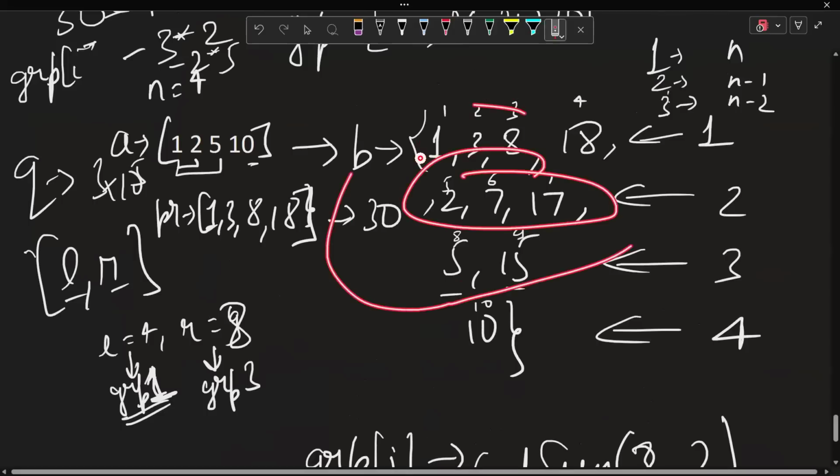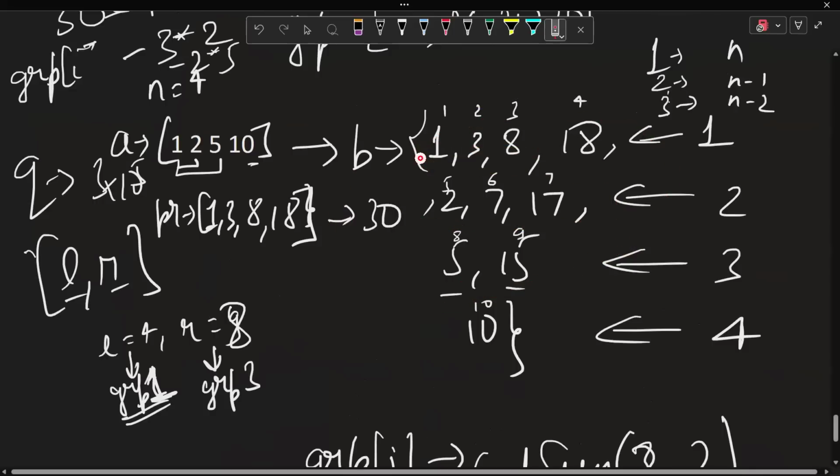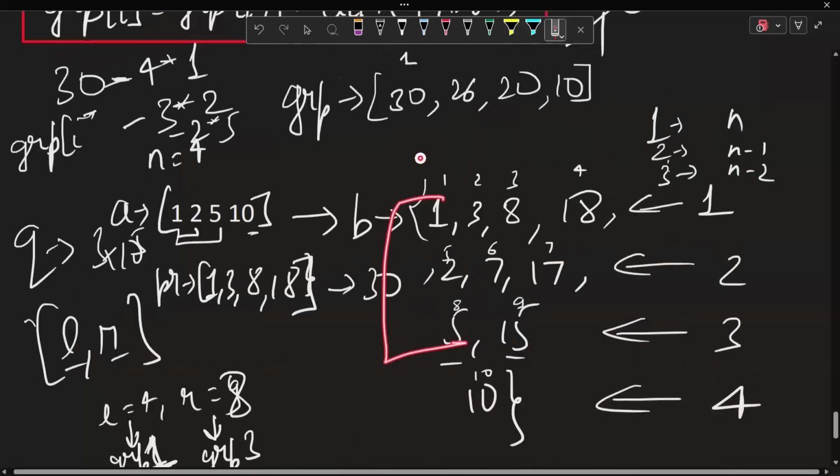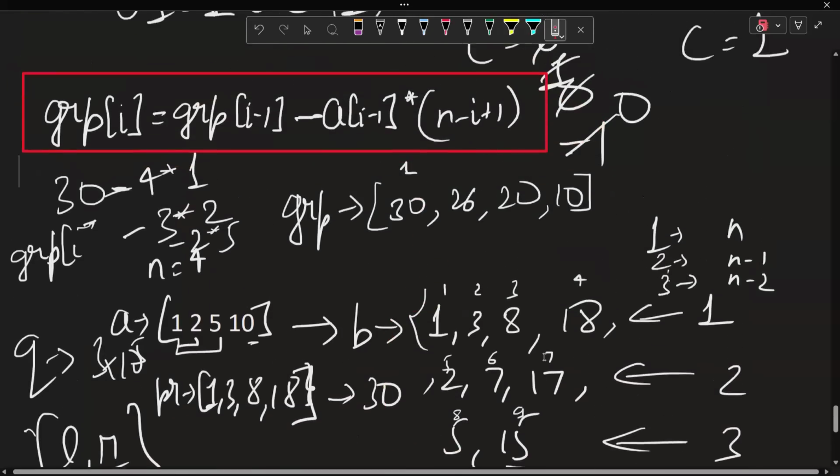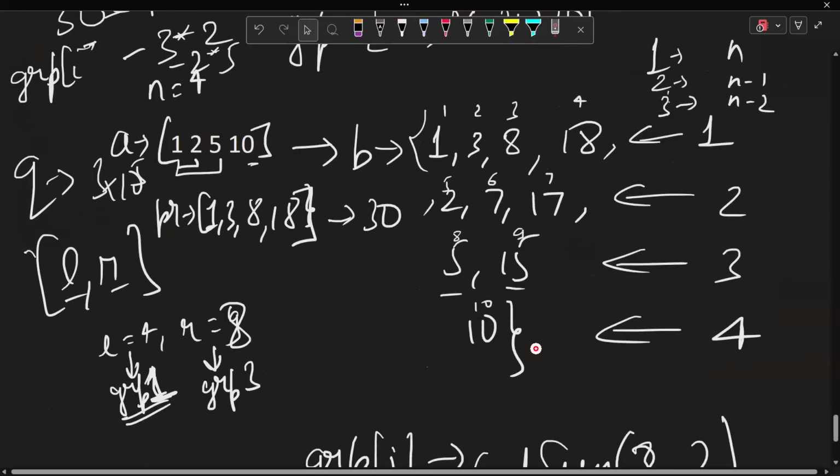You can take the complete sum till here also. First I would compute which group L belongs to and which group R belongs to. Now, if L belongs to group 1 and R belongs to group 3, take the sum from group 1 to group 3 using this prefix sum, and then subtract these extra elements.